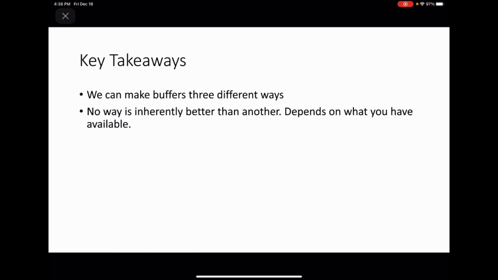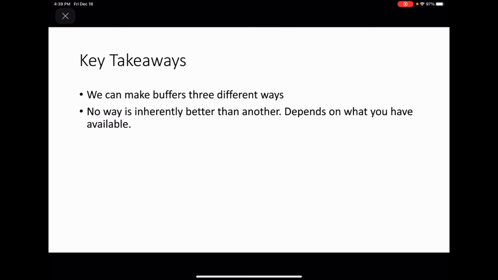And the last thing we're going to do is go over what we've learned in this video. We've learned that we can make buffers 3 different ways. We can either add the weak acid and the conjugate base together in the appropriate amounts, or we can start with all conjugate base and add strong acid, or start with all weak acid and add strong base to get to the right concentrations.